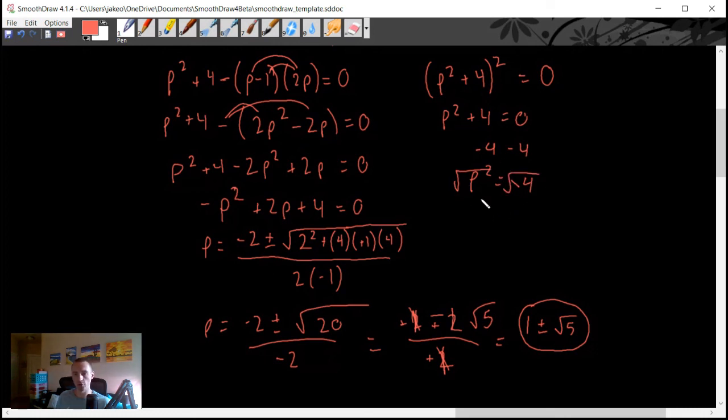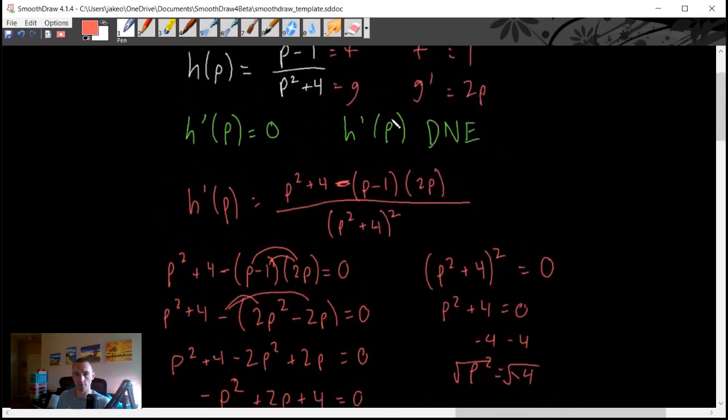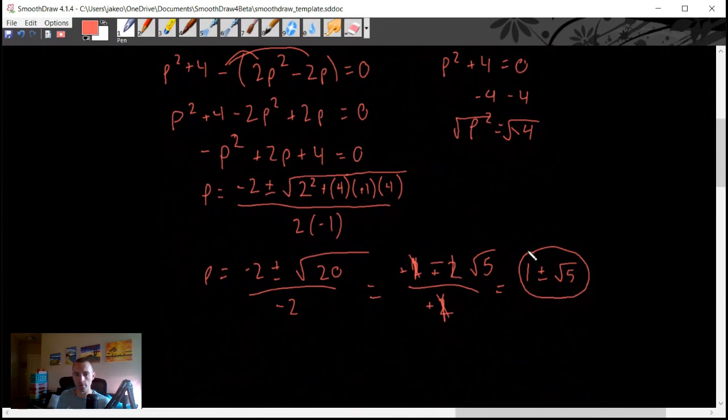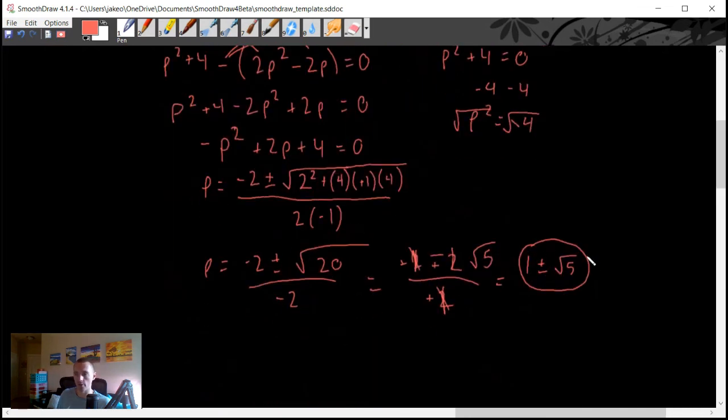So for this equation, there's not going to be any p-values that cause our denominator to equal 0. And so as a result, there's no p-values where h prime of p does not exist. So we're just going to have these 2 critical numbers from the p-values that make h prime of p equal 0. So this is going to be our final answer, just these 2 critical numbers here.